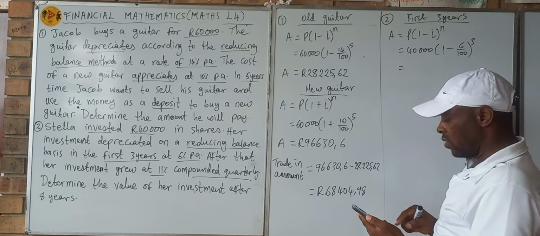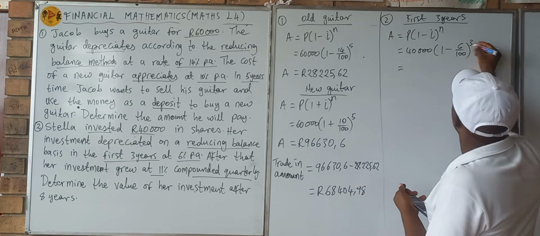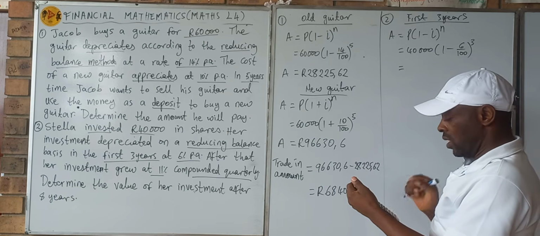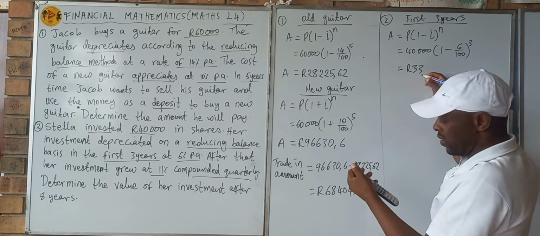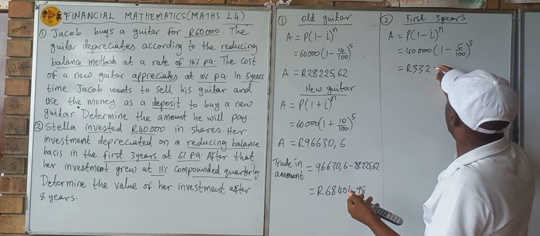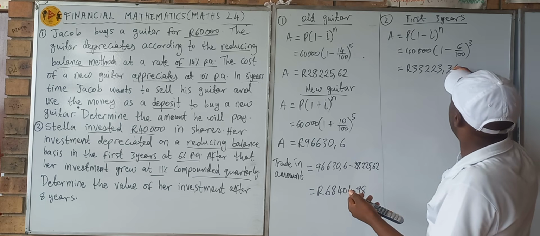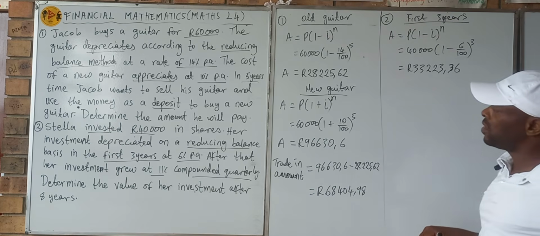Then we'll raise it to the power of 3 since it's for the first 3 years. So that gives us 33,223.36.